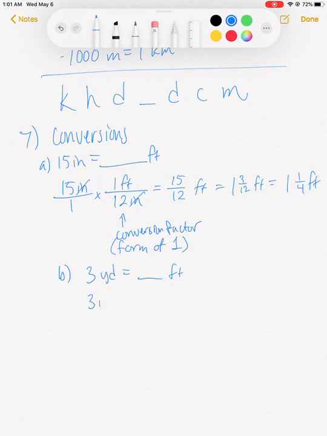So we start with my 3 yards, put over 1, multiply it by yards in the denominator and feet in the numerator. There's 1 yard for every 3 feet. That will cancel, and 3 times 3 feet is equal to 9 feet.